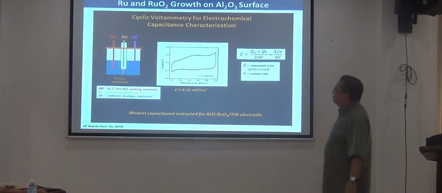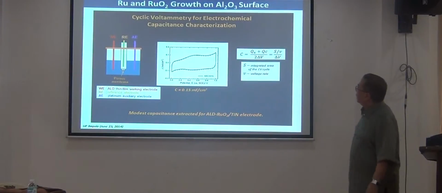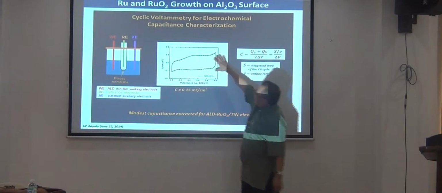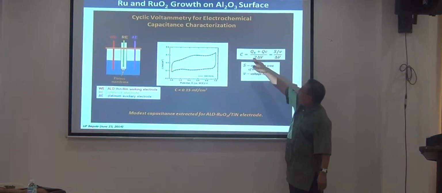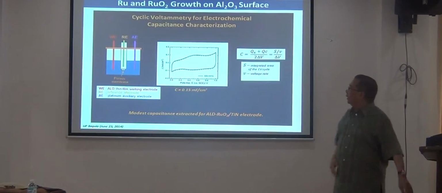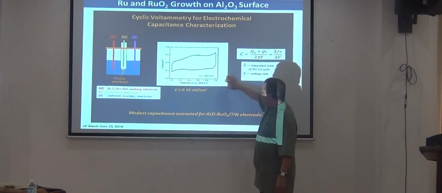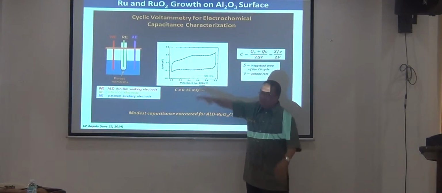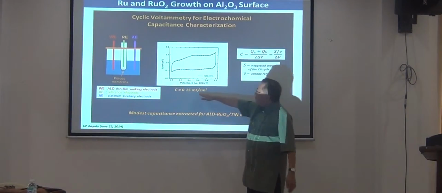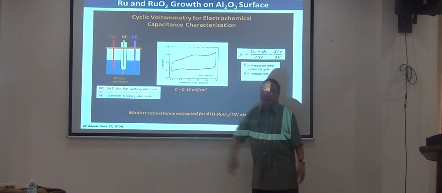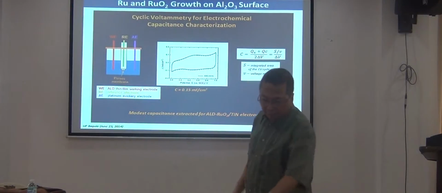And we do one complete cyclic voltammetric cycle, and the area here gives us a measure of the capacitance of the electrode, and that's given by this formula. So let's say, for example, in this case, when we deposited ruthenium oxide on a planar substrate, we get not so large capacitance, about 0.80 millifarad per square centimeter.